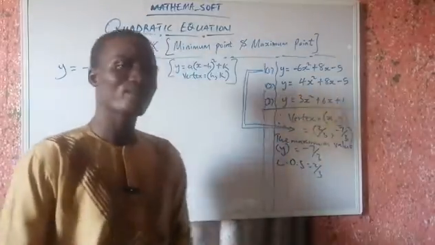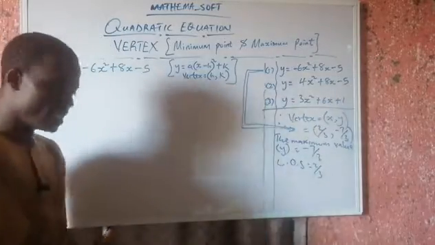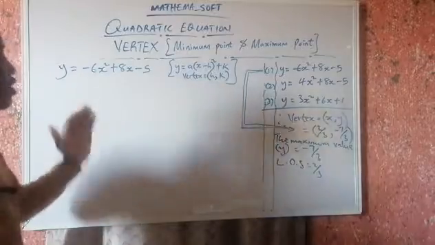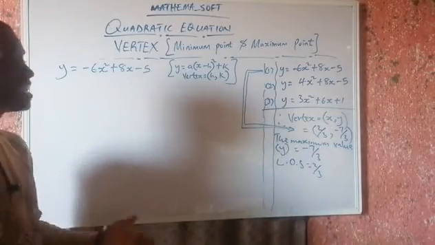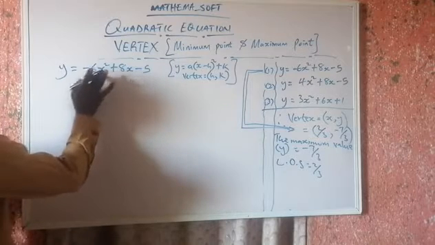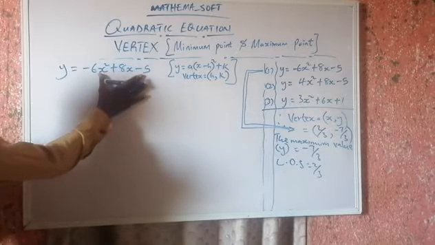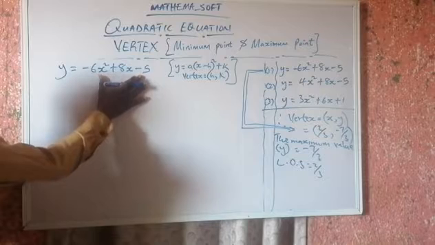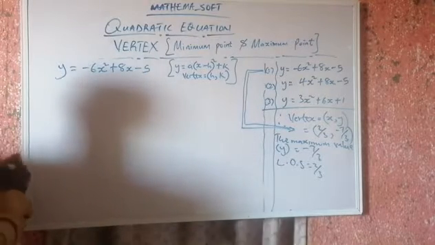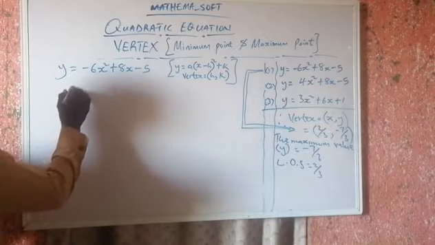Exactly the knowledge we have in completing the square is what you need in this case. But here, what we want to analyze is simply this expression, minus 6x squared plus 8x minus 5. That is what we want to analyze. So let's bring it out.